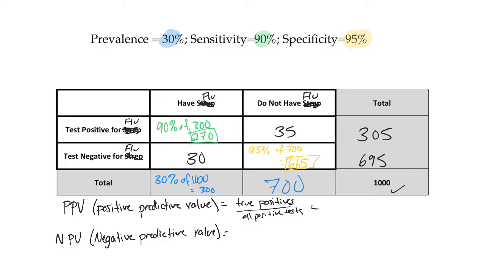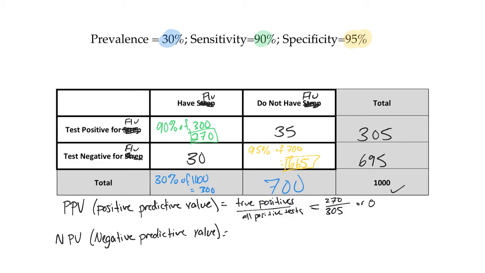All right, so that would be 270 people who both tested positive and had the disease. Out of all the people who tested positive, which would be 305. So we're looking at 270 divided by 305.